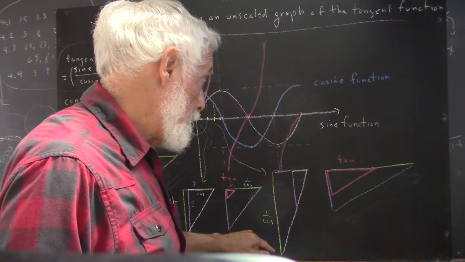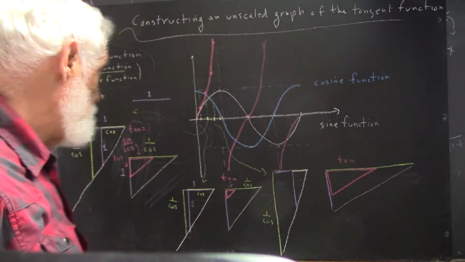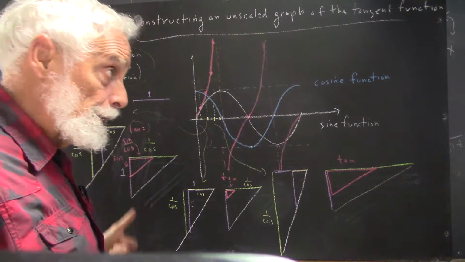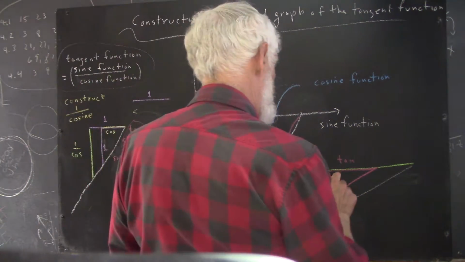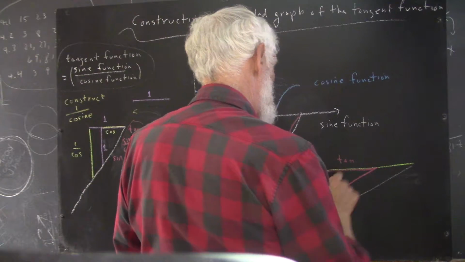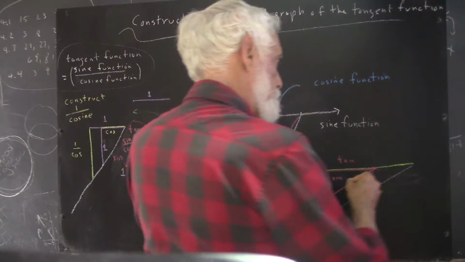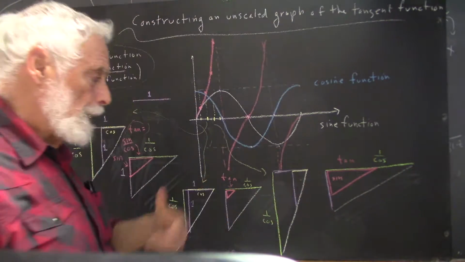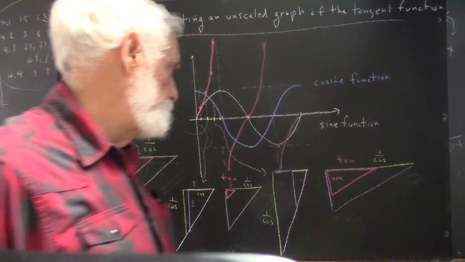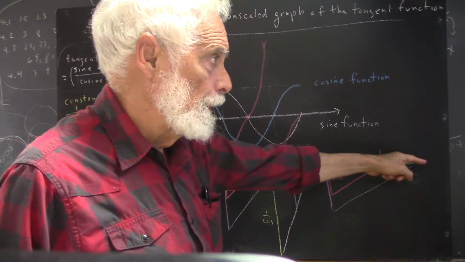Okay, now, when I construct my graph to multiply the sine by the reciprocal cosine, remember my sine is going to go here. My reciprocal cosine will be represented by this green segment. The reciprocal cosine is a lot bigger.